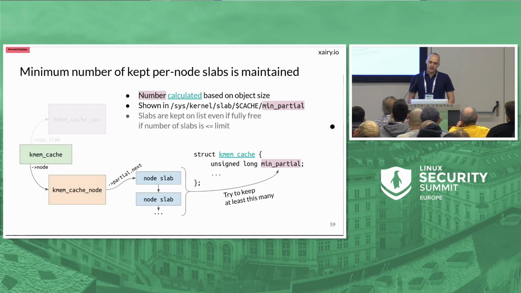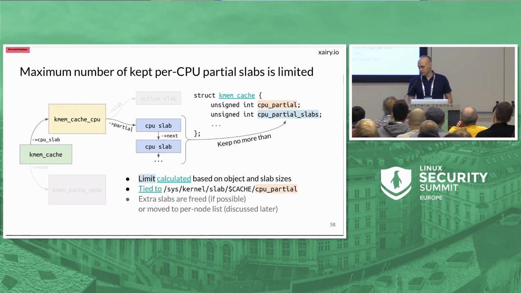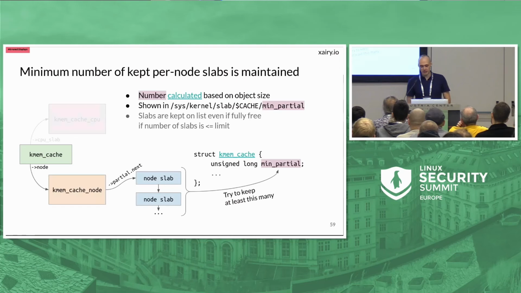So for the per node list, we also have some kind of a limit, but it's not a hard limit. So instead, for the per CPU partial list, we had the limit of the maximum number of slabs. Here we have the number of slabs that the SLUB allocator tries to keep on the per node list. So this number is exposed. This is called min_partial number, and the SLUB allocator tries to keep at least min_partial slabs on the per node list always.